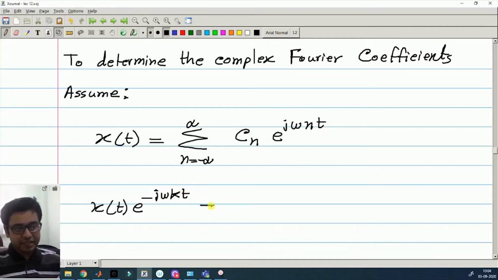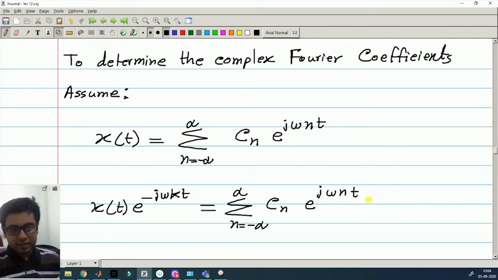This is the left side, and the right side is e to the power j omega nt times e to the power minus j omega kt.